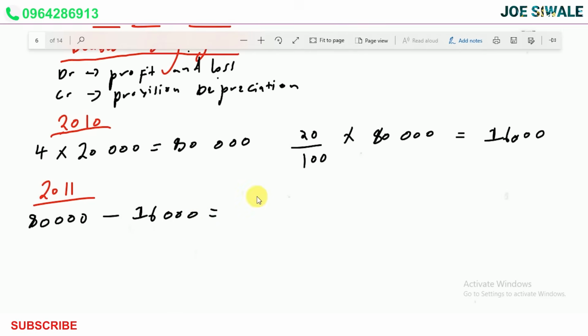So our answer there is 64,000. And we're going to calculate depreciation on 64,000. So multiplied by 20% or 20 divided by 100. And our answer there is going to be 12,800. So that's the amount of depreciation that we're going to record for the year 2011.